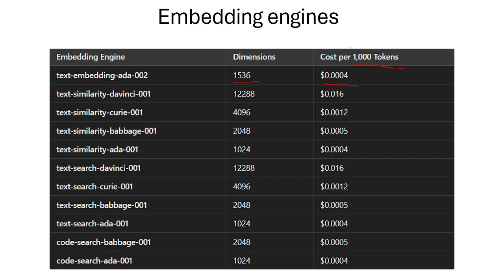And also because they wanted to define a contextual window for each API call, as in how many tokens you can put into one single API call to your GPT engine. So this is the cost given per token for each of the embedding models that you wish to utilize.